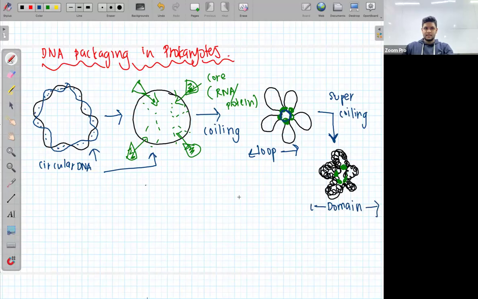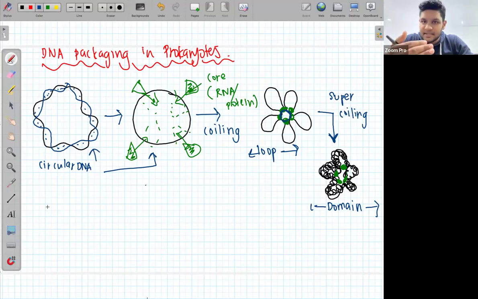Now, initially, just think in a cell, in the nucleoid, the DNA is present in a prokaryotic cell, which is circular DNA. When the DNA packaging time is ready, the cores that are present, what are cores? Cores are complexes made up of RNA and protein. Don't think about those too complexly. Just remember, core is a complex made up of RNA and proteins.